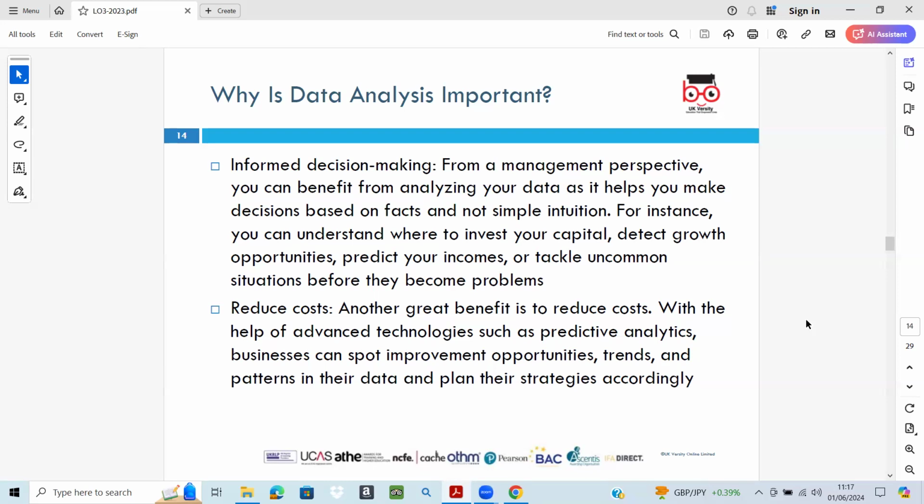Informed decision making. By analyzing data, organizations can make decisions based on concrete evidence and factual insight rather than intuition or guesswork.